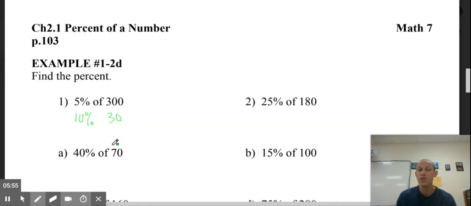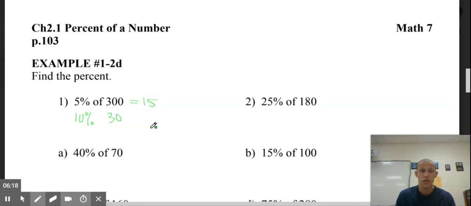If I add 30 ten times, that would give me 300. But I only want 5%, so I want half of this. So 5% of 300 would be half of 30, which is 15.